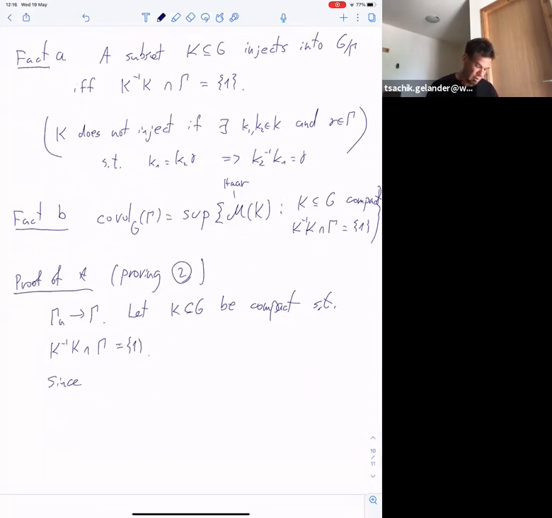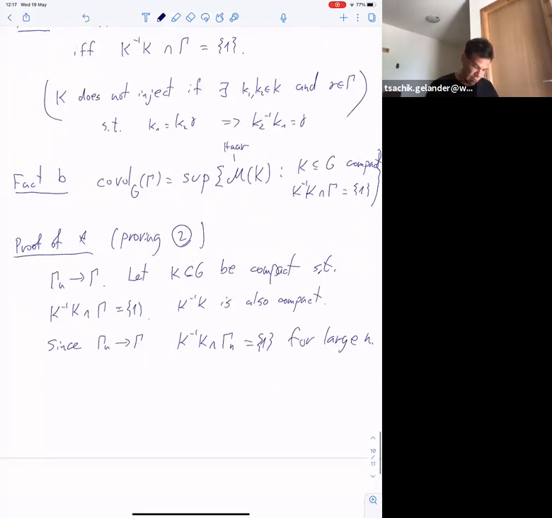Since gamma n converge to gamma, K inverse K intersect gamma n trivially for large n. So this is the second condition, the second type of generators of the Chabauty topology. If this intersection was not trivial, then it would not be trivial in the limit as well, because K inverse K is also compact.